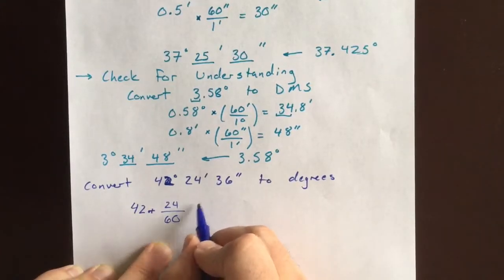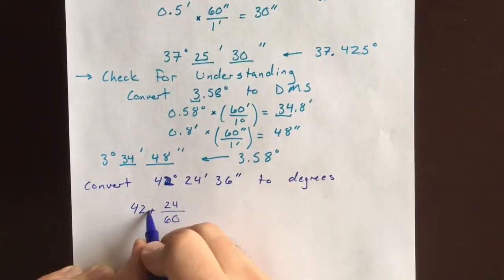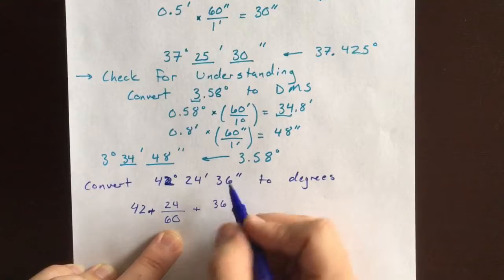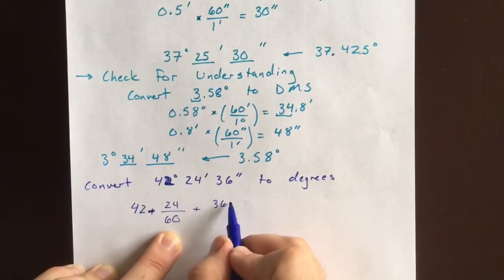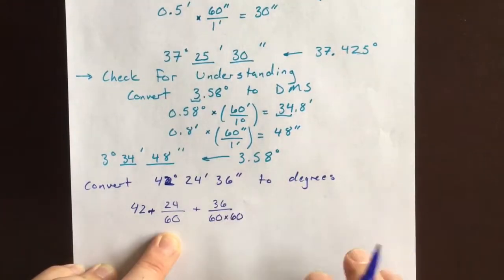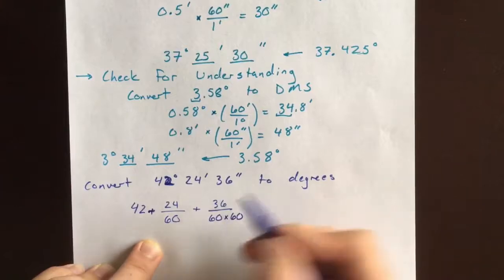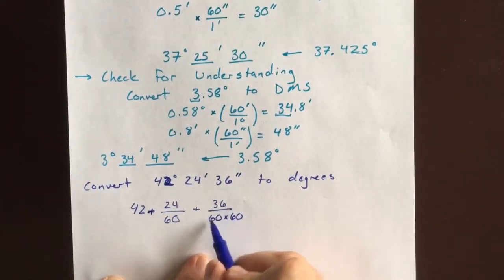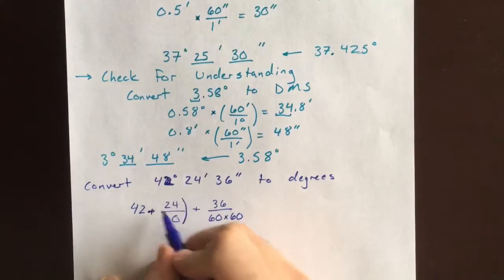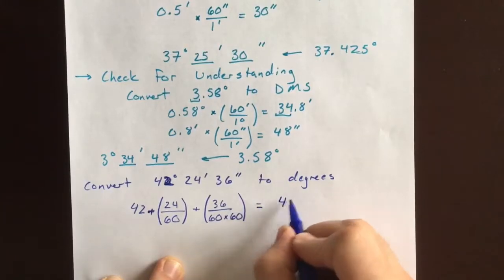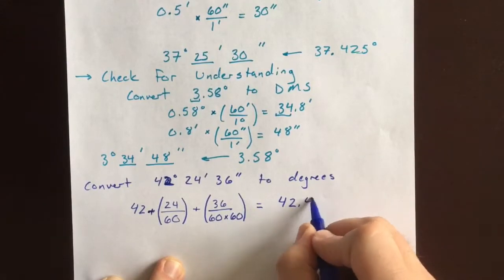And then the 36 seconds is 36 of a minute, and the minute is of a degree, so there's two 60s here. And I'm going to just place this into the calculator. So 42 plus 24 over 60 plus 36 over this, we're essentially just placing this string in, and we get 42.41 degrees.